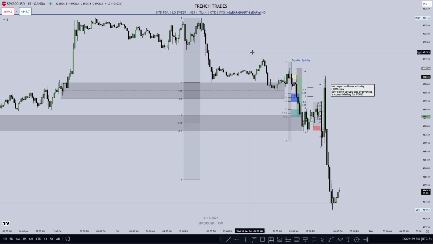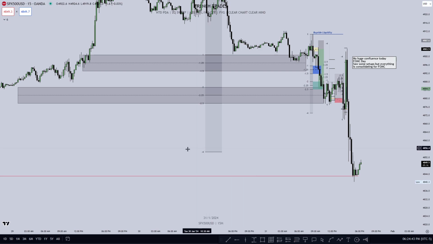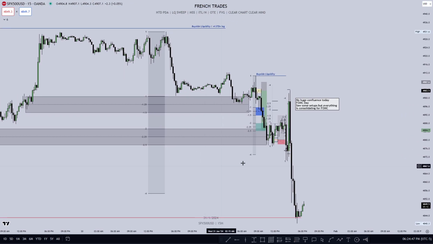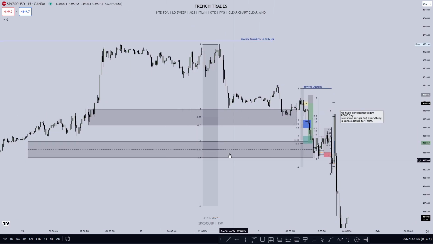Because this is the 1 hour standard deviation, right? It would be the -2.5 or even the -4. Now, -4, you're not really interested until you see that. Also, there's FOMC, so you don't want to really see a bigger move. Now, this usually is also a place of reversal, it's also a place where both of these are places of reversal, so you just want to see price action.